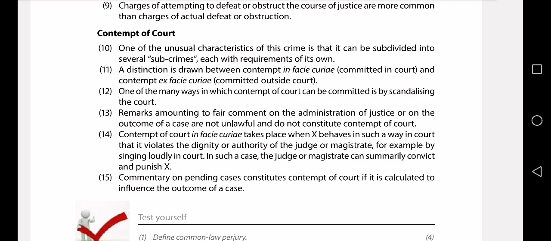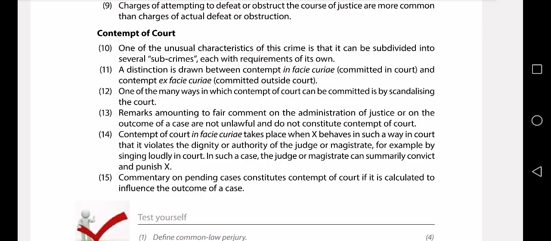One of the many ways in which contempt of court can be committed is by scandalizing the court. Remarks that amount to fair comment on the administration of justice or on the outcome of the case are not unlawful and do not constitute contempt of court.